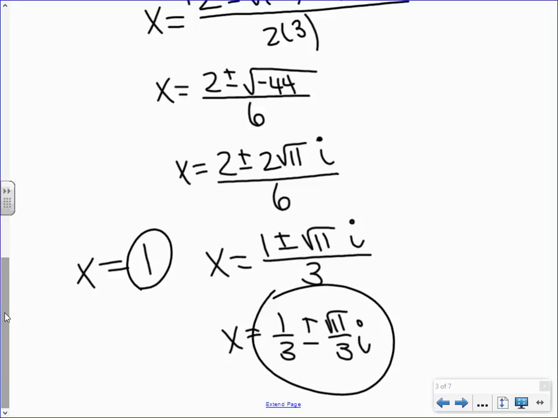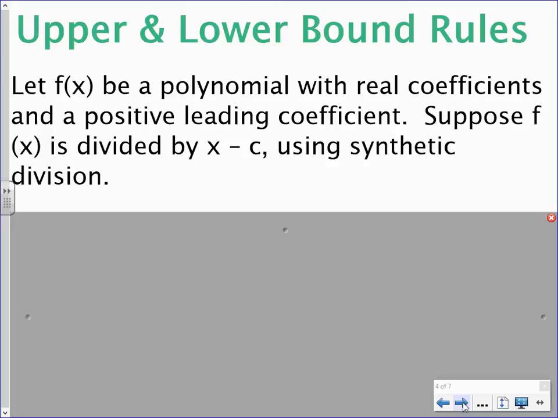So, what you need to write down here is that we are taking a polynomial, and we are dividing by x minus c, using synthetic division. Don't feel like you have to write every single word up there. We have a polynomial divided by x minus c.